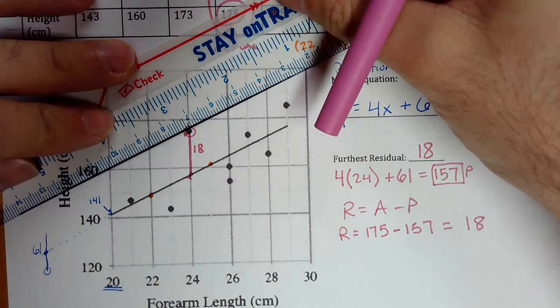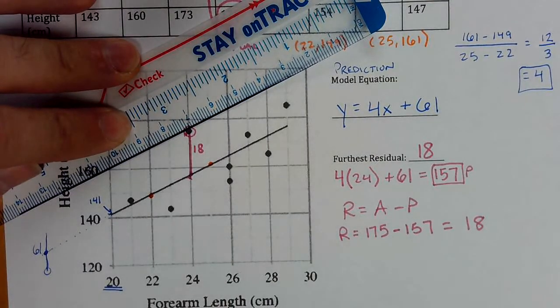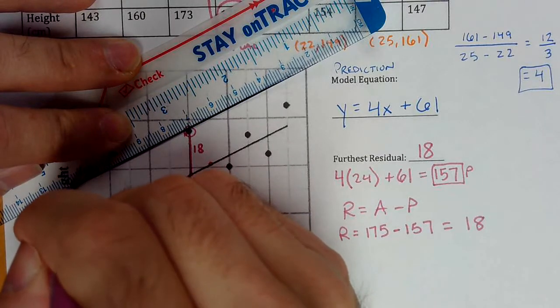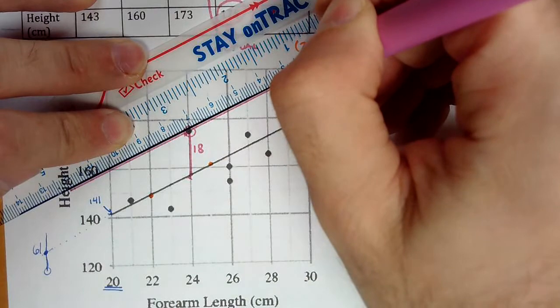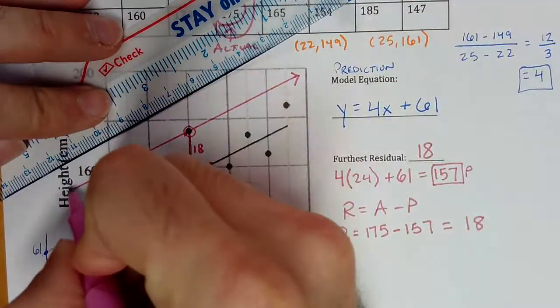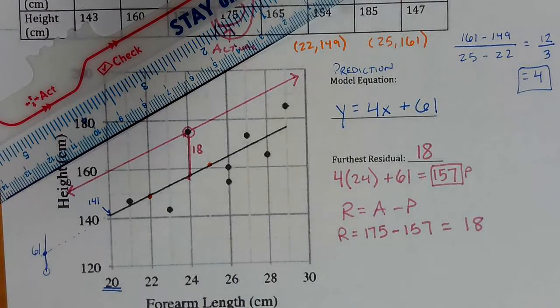I think that's pretty good. And it goes through that point, and it goes through that point. So there it is. That is my line through my furthest residual, parallel to my line of fit.